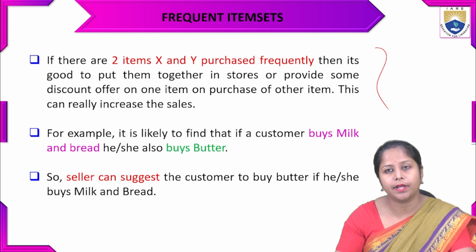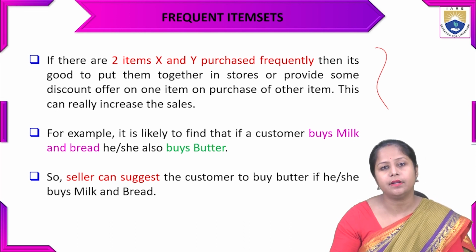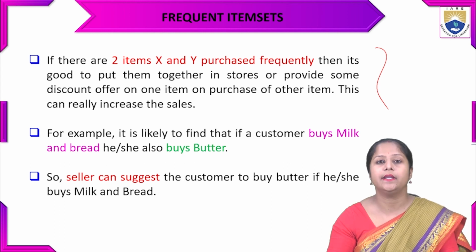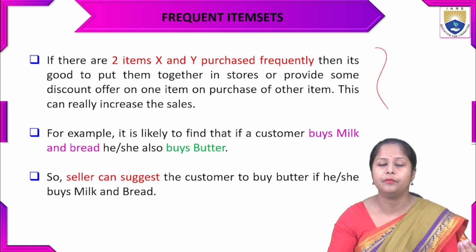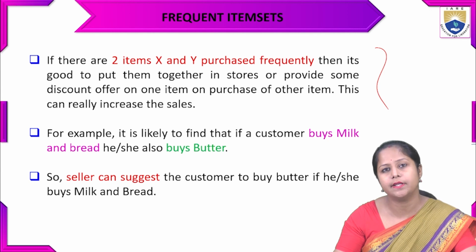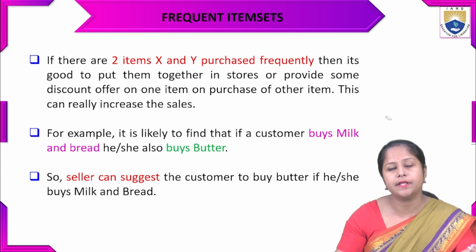We put them together in a store to provide the customer an offer, a discount, because the customer is going to purchase that item for sure. The store managers should give some discount, some common purchasing offers, so that the customer is most likely to purchase both items together.